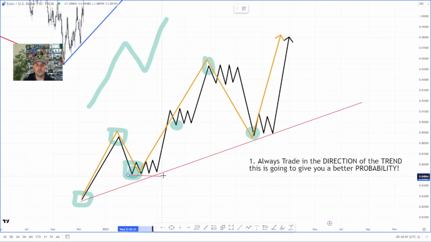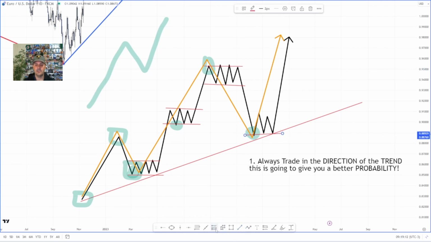So we have different consolidations in here. We've learned about consolidations. A consolidation is a tradable pattern where the market makes more or less equal highs and more or less equal lows.